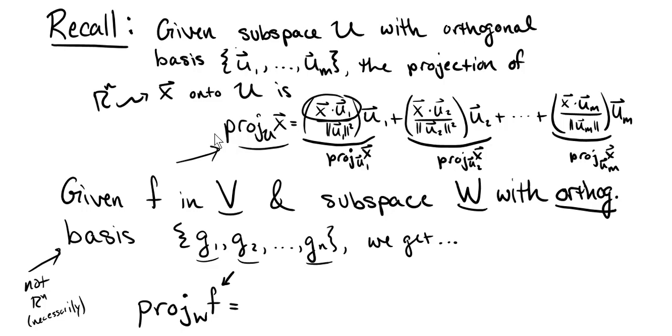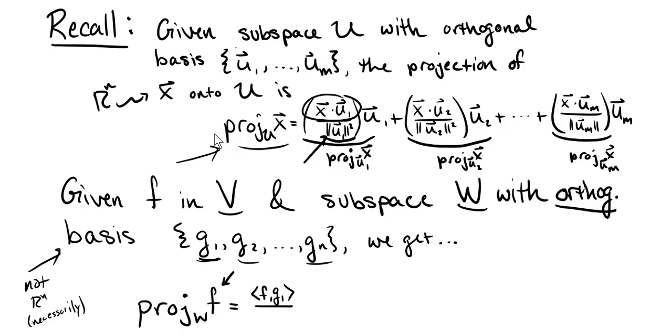So we need to be more general and say this will be the inner product of f with the first basis vector G1, divided by the norm squared of this first basis vector.